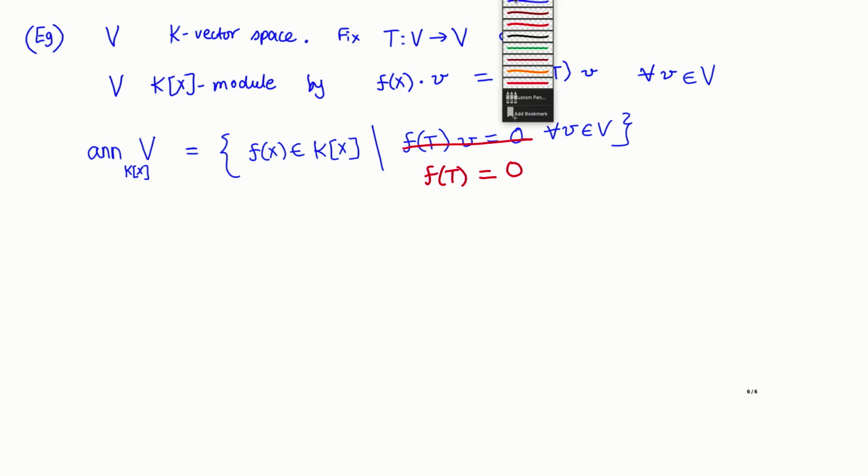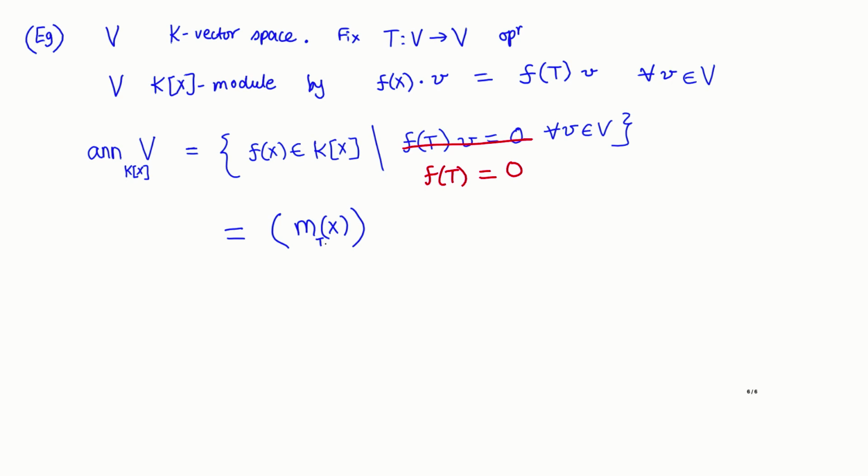Now we already said the annihilator is an ideal, and k[x] is a principal ideal domain, which means that this must be a principal ideal. So this must be the ideal generated by a single polynomial. Let's call that polynomial m_T(x), because it depends on my choice of T. And what are the defining properties of this polynomial?